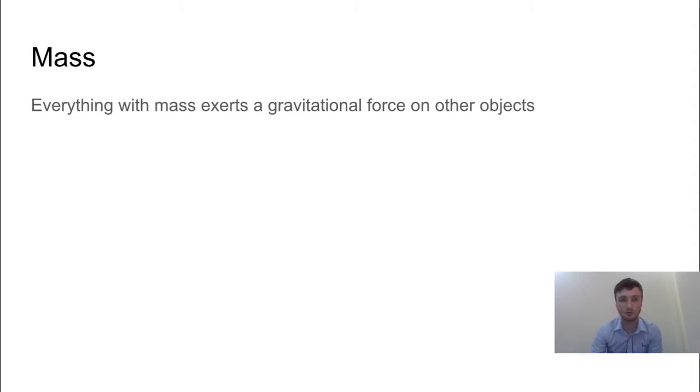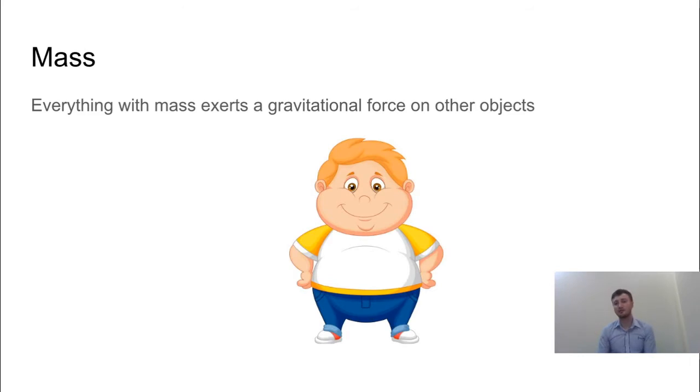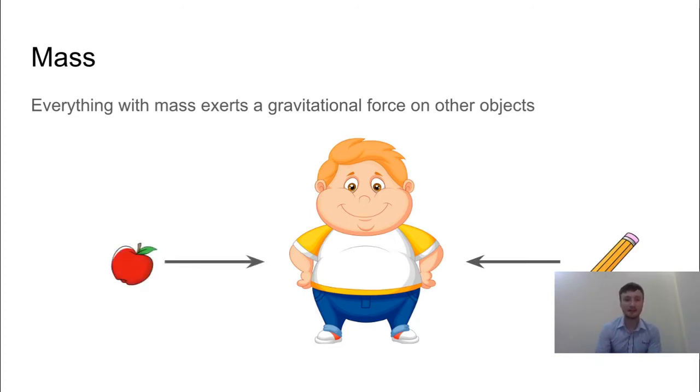So for example, here we have this student here, rather large student, and he has a gravitational force. Yeah, even him. So, for example, his gravitational force is pulling that pencil towards him. And also that apple.